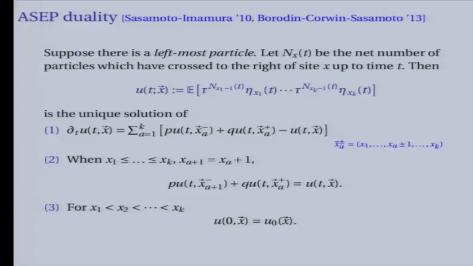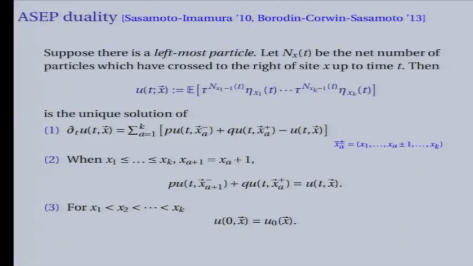And this is a sort of boundary condition which is saying that if I have a particle which is strictly to the left of the other particle, then there's something that cannot happen because no jumps are allowed. And that's being encoded by this equation here. And finally, the third equation is the initial condition.